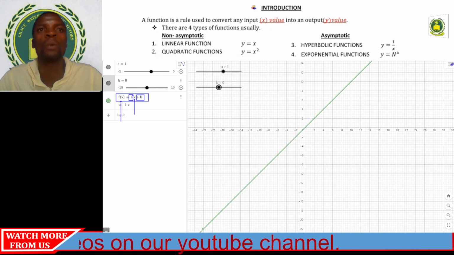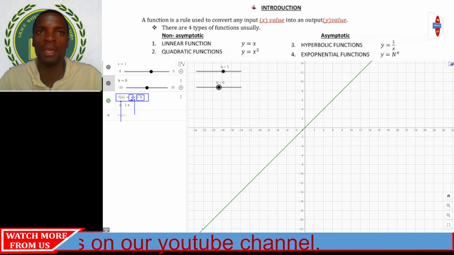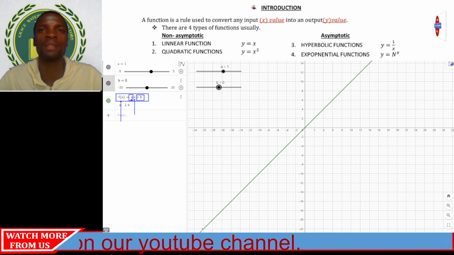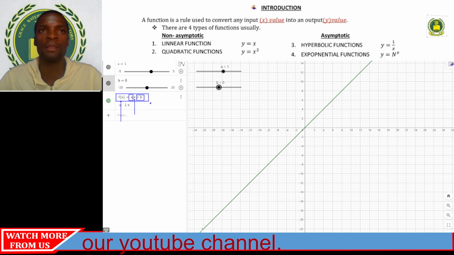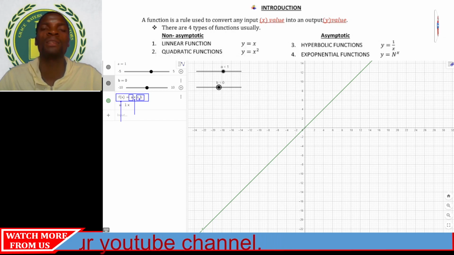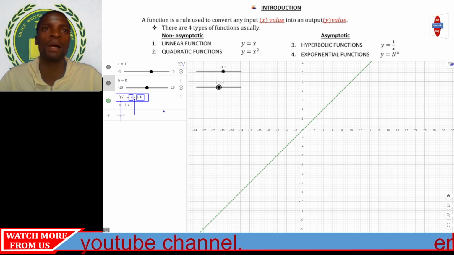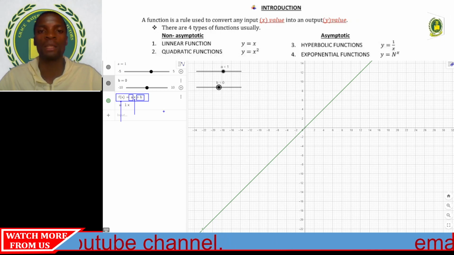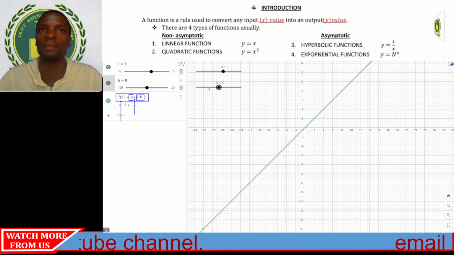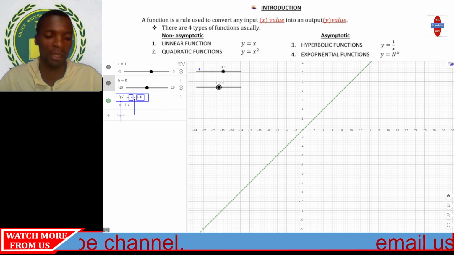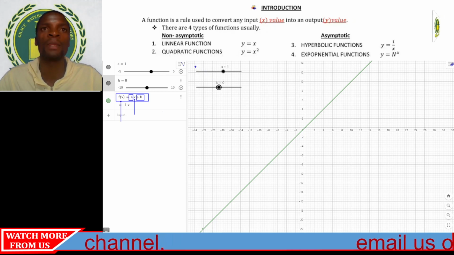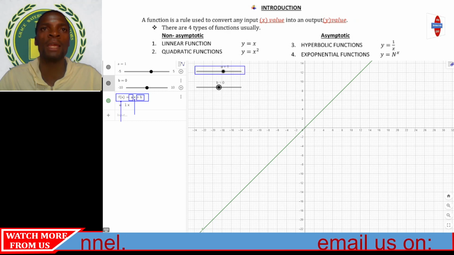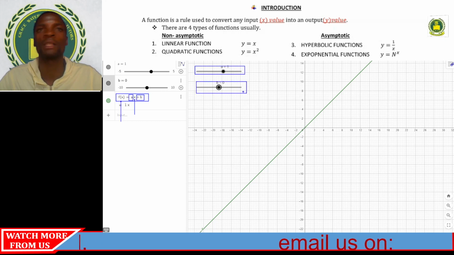What they are doing is, a is trying to make our graph thin, and b is going to shift our graph up. All right, let us consider that in practice. Now I have a number line that I'm going to use here. This is the number line indicating the changes in a, and this is a number line indicating the changes in b.